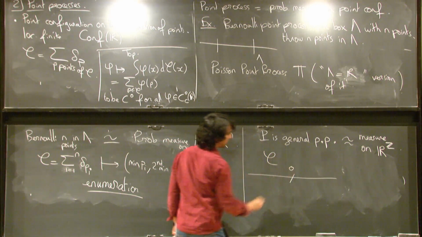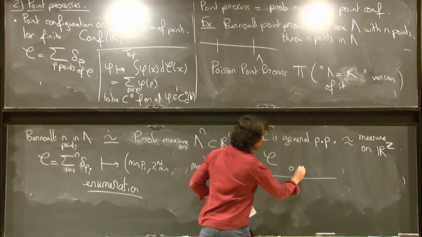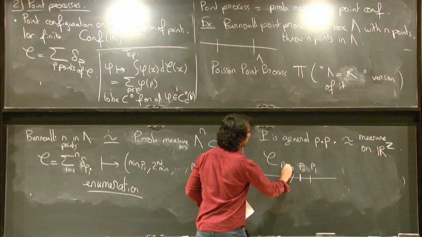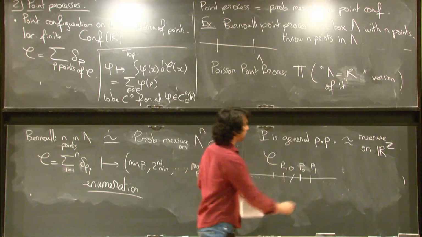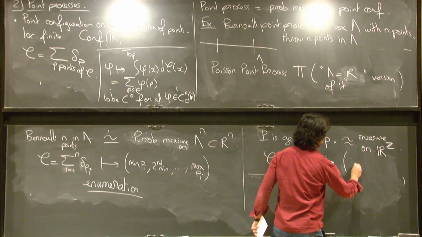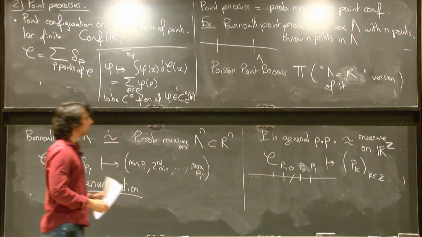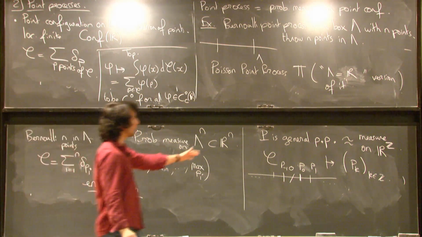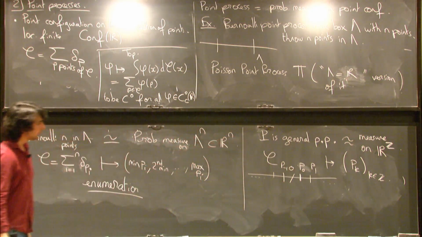For example, one possible enumeration is to say that x0 is the first point after 0, P0, and P1, and P minus 1 is the first point to the left of 0, etc. And then send C to the sequence Pk, k in Z. So the summary is that point processes on the line are like probability measures on R to the Z.